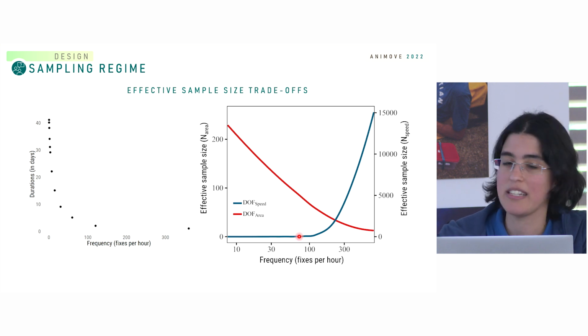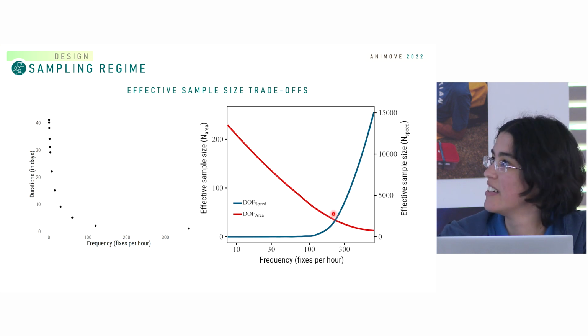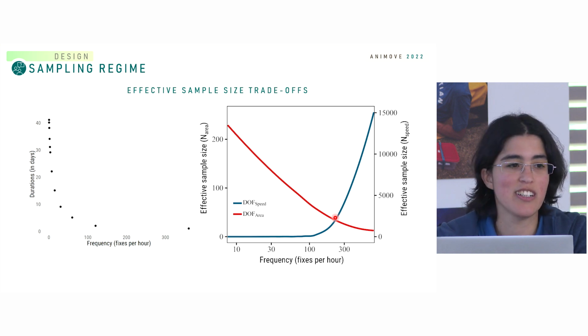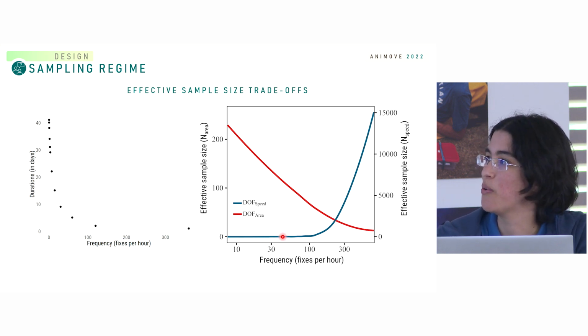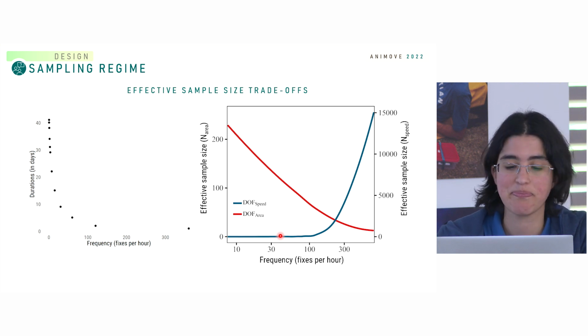So when you want to answer both of these questions at the same time, you can see that if you're lucky enough, you might land on a point that's good for both, or you might land where it's good for one but not for the other.